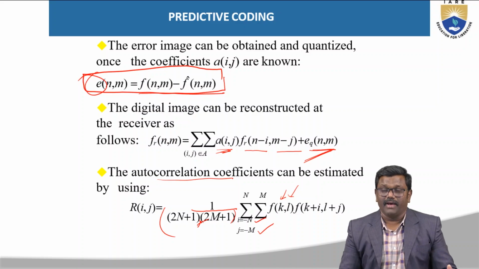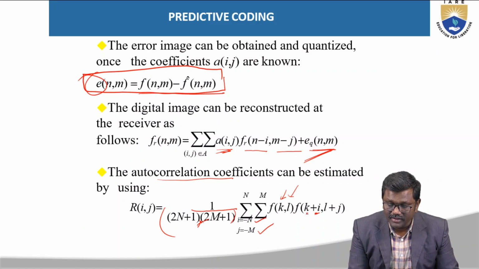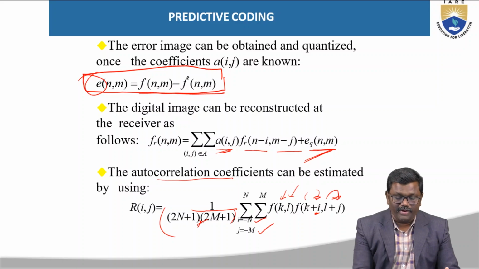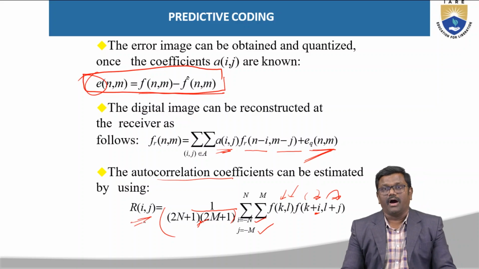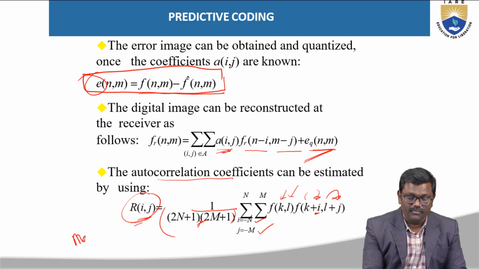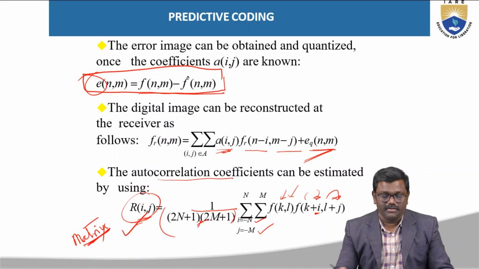So based on that, values are varying here. You see here, k will depend on i, l will depend on j. Then we will find out your autocorrelation R value. This is the R value, which previously as a matrix we were unable to find. That value you can simply find in terms of an equation.